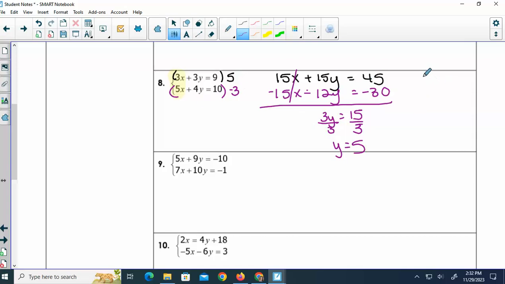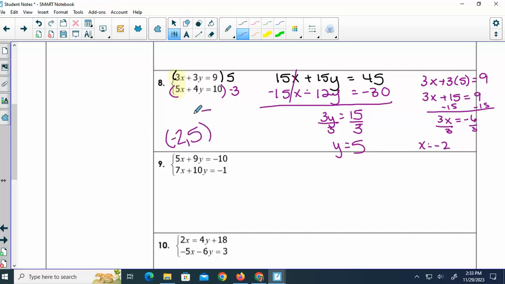Yeah, plug it in, one of those equations. And we get negative 2. So my answer is negative 2, positive 5.